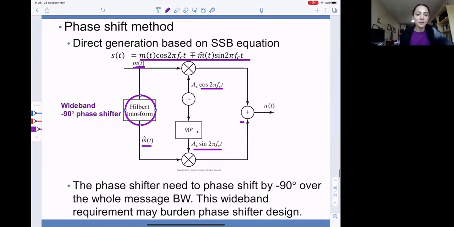So the Hilbert transform filter is actually also quite sharp, if you think about it. This is a wideband requirement that may burden the phase shifter design. So that's another thing to worry about for the electronic design of these things.